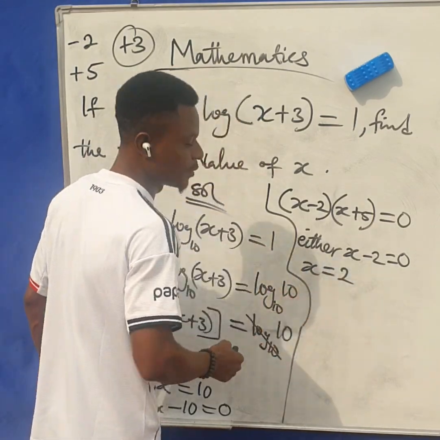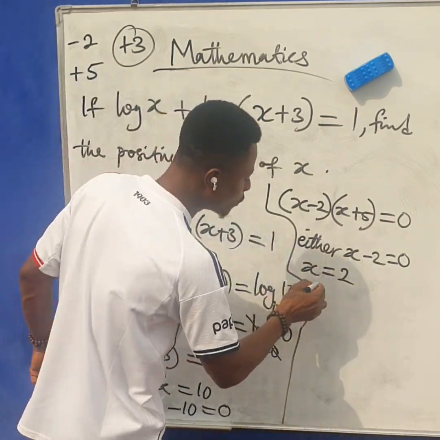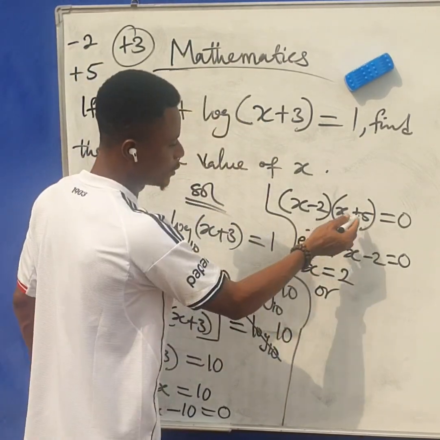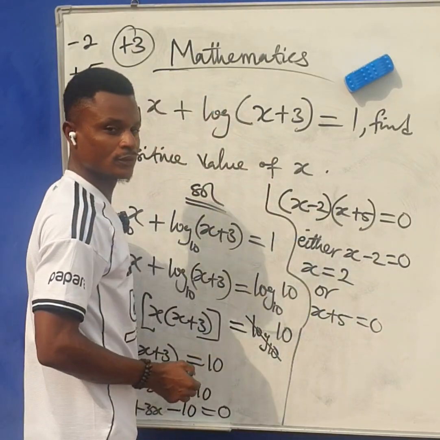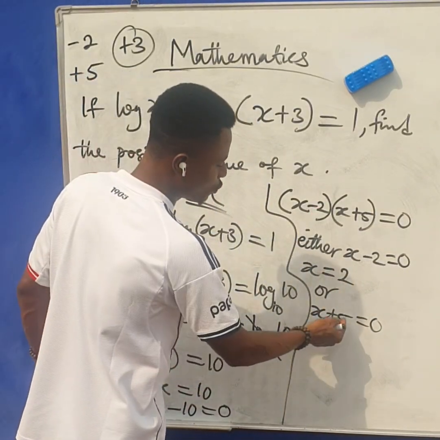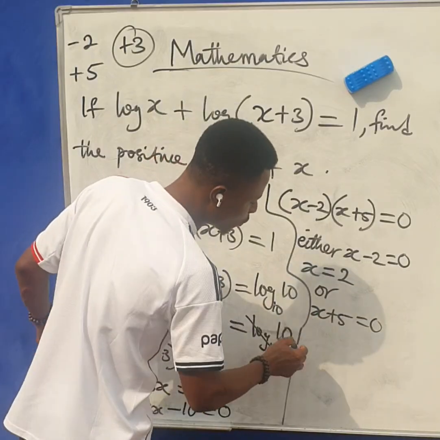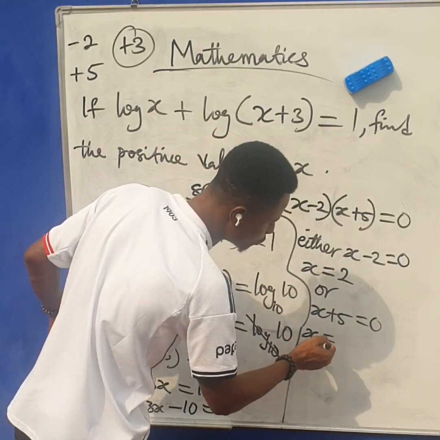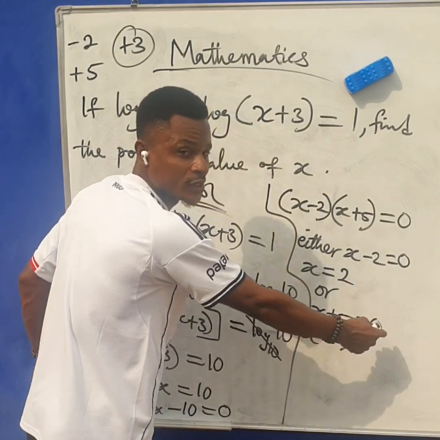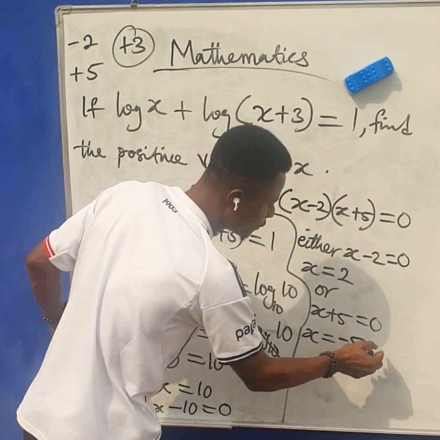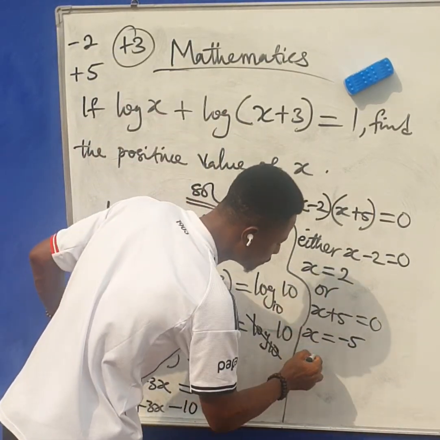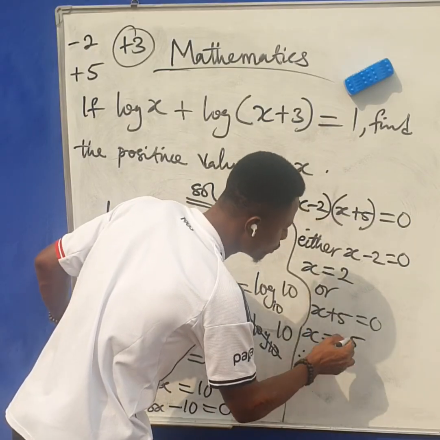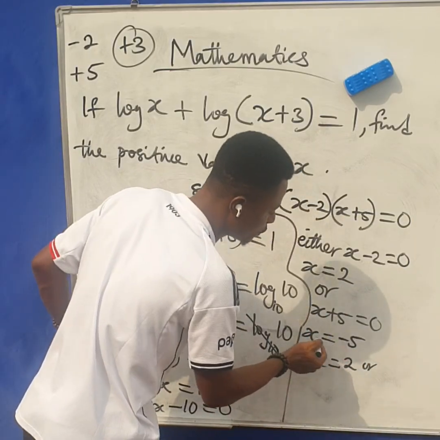Or the second bracket, x plus 5 equal to 0. Now we move this positive 5 to the other side of the equation. x will be equal to, if this positive 5 crosses to this side, it changes to negative 5. You understand? So the two values of x are x equals positive 2 or negative 5.